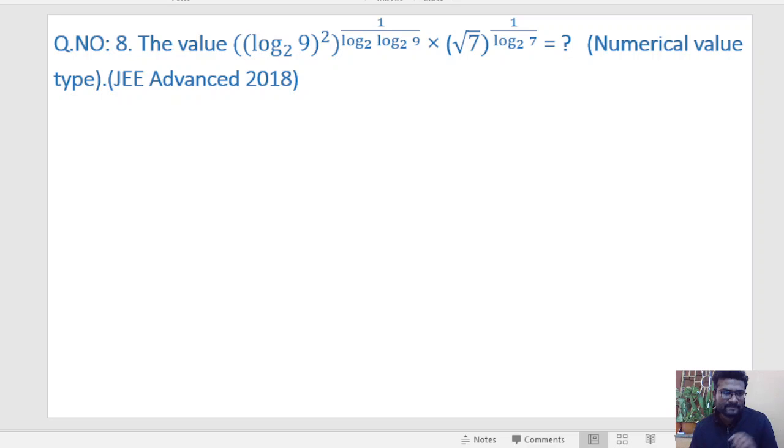Let's do another question. This is the last question for this class, and this is from JEE Advanced 2018. Very important question.